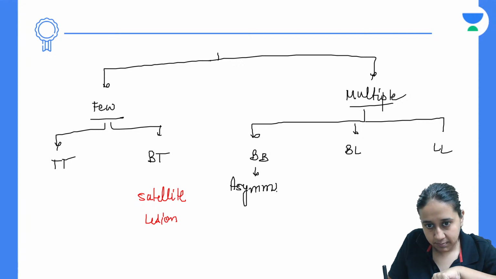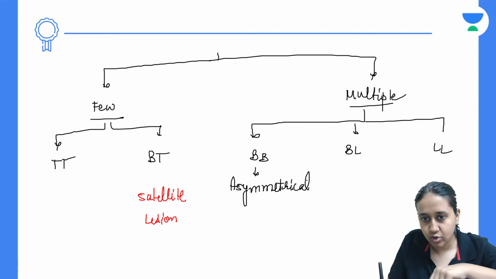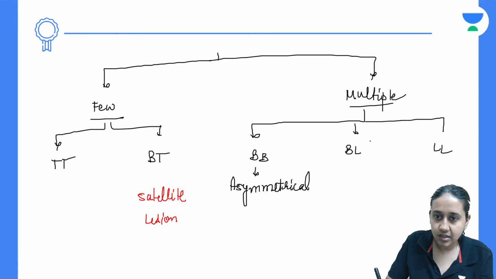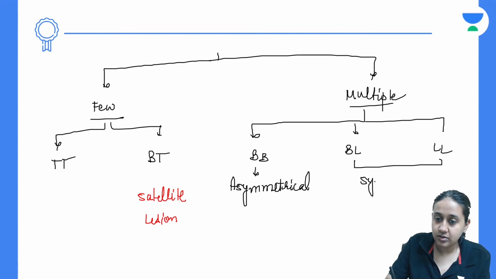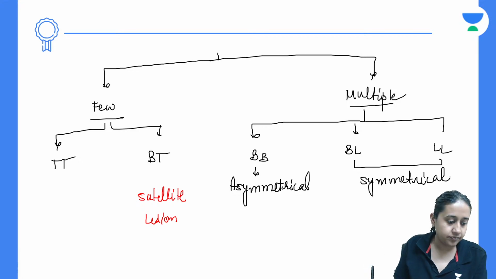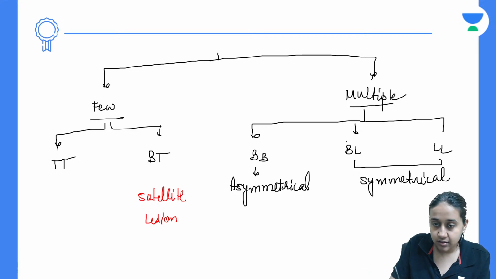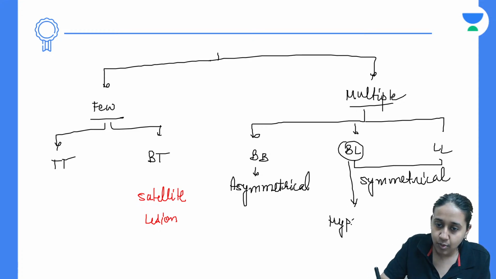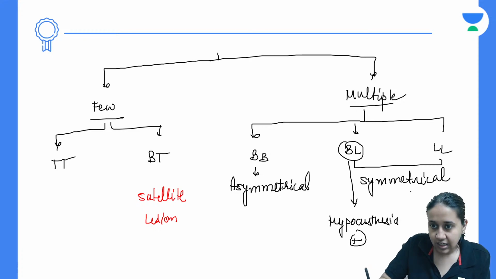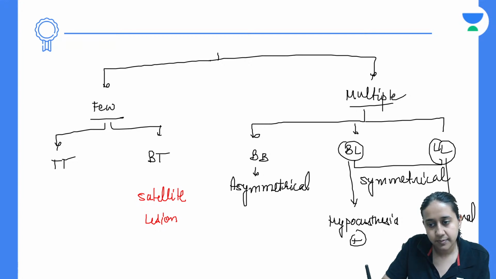The lesions are multiple, but they are asymmetrical, more towards one side of the body. And in the lepromatous pole, they are symmetrical to each other. Both the sides have the same lesions. Then how to differentiate? In BL, in addition to multiple symmetrical lesions, you will have hypoesthesia over the plaque. While in LL, there is normal sensation over the lesions.